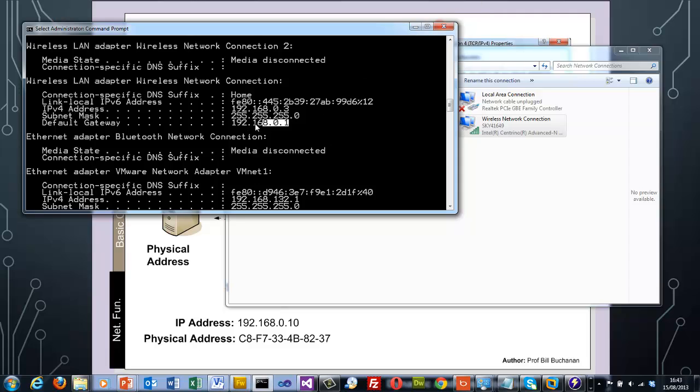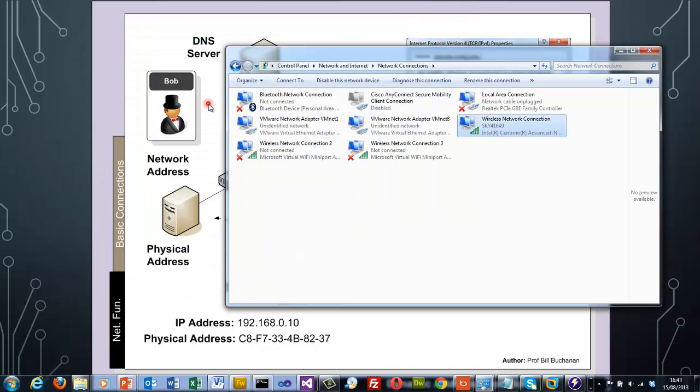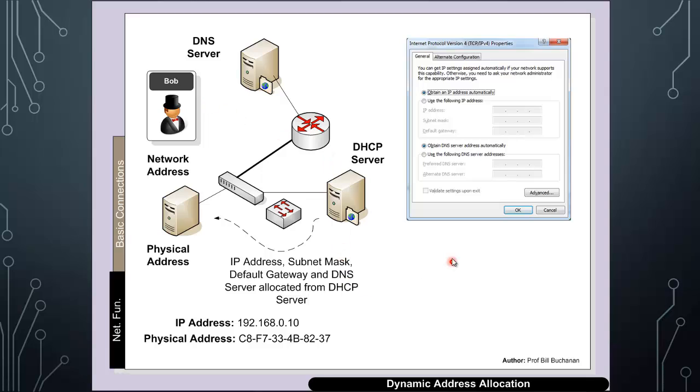The default gateway again will have been allocated too. This is the method that most machines are set up, and it provides some security onto the network, in that you can either allocate a static IP address always to the same machine, or you could take it from a pool.